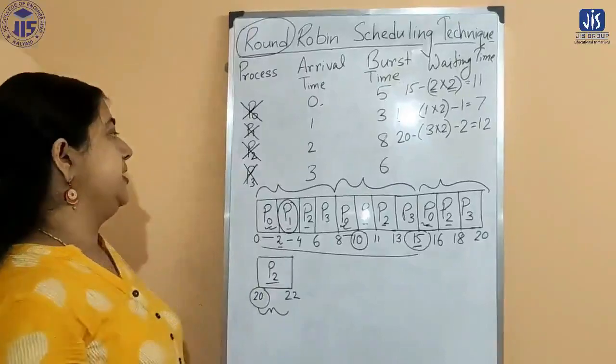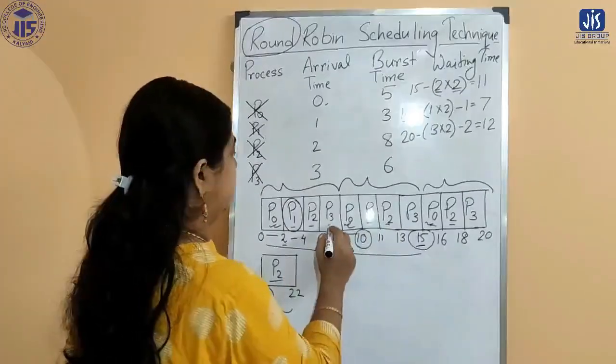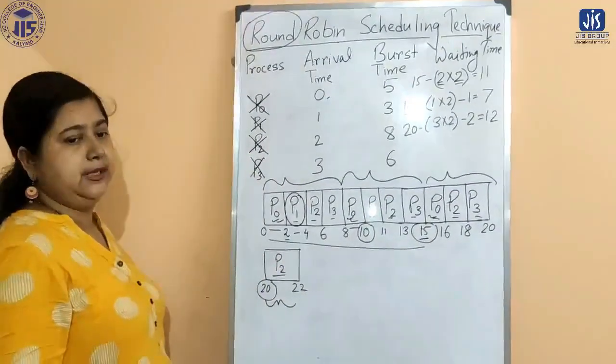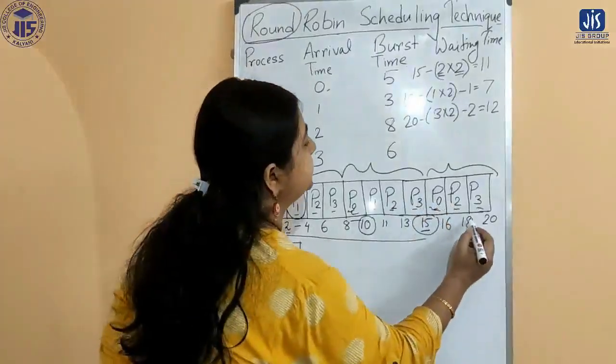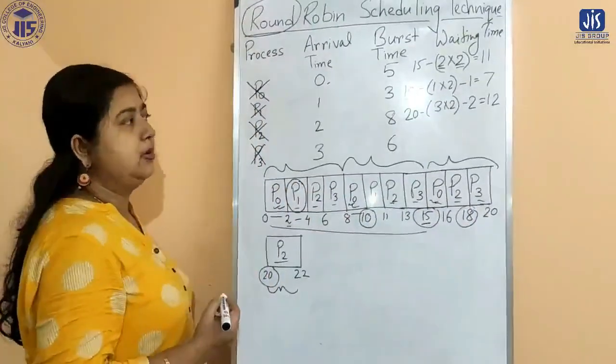Now calculating for P3. For P3, it is 1, 2, 3. 3 times P3 was executed. So this is the last time P3 is going to be allocated.